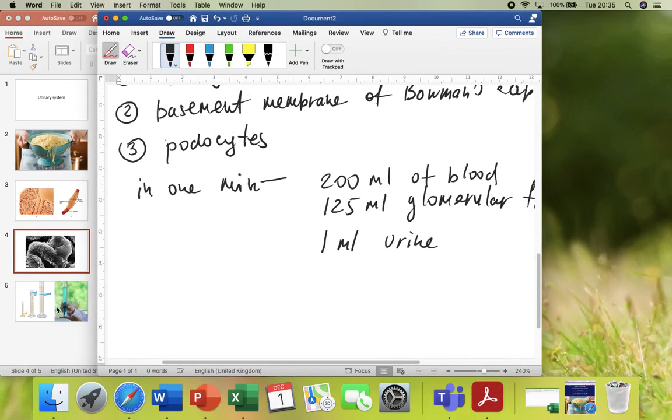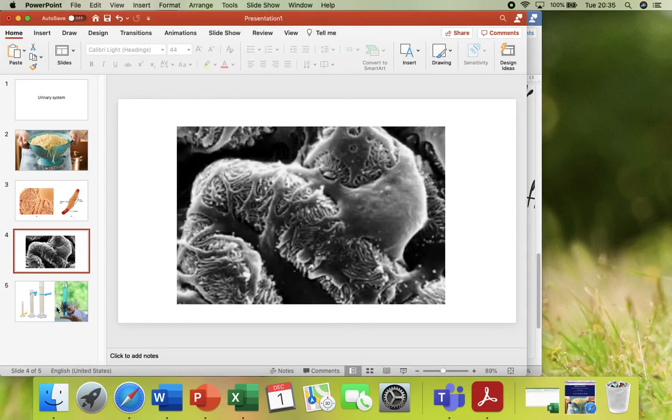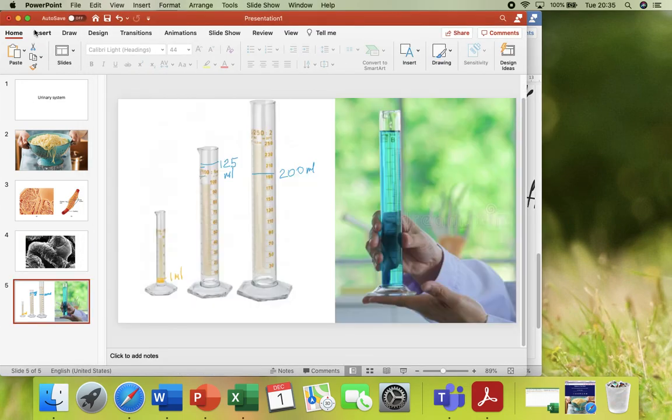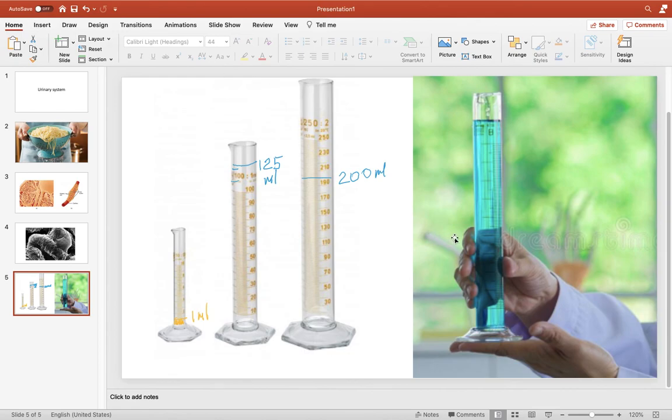But just to give you a little flavor of what these numbers look like in terms of quantities, I've got this picture which I found of 3 different sized measuring cylinders, and just for scale purposes, you can see somebody's holding one of these bigger measuring cylinders in their hand. So that measuring cylinder, around about that amount, would be 200 milliliters, right? So you can see it there.